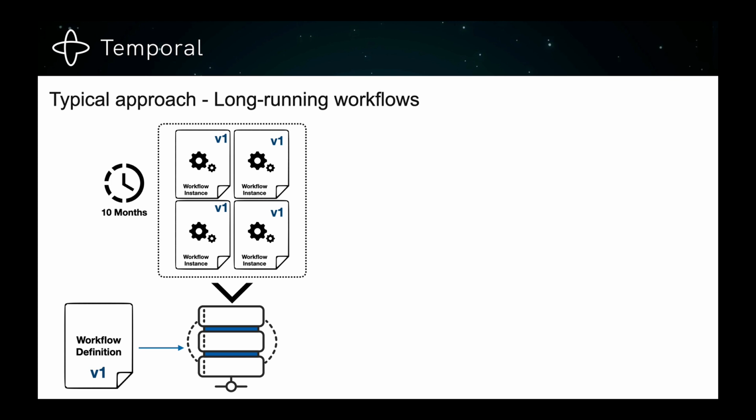Let's say we have a workflow definition of V1, which runs on some sort of production infrastructure, and we have a bunch of instances that are running under that version. And in this case, let's say that our workflow is a long-running workflow that runs about 10 months. At some point in time between now and 10 months, let's say after a couple of months, we want to introduce a change.